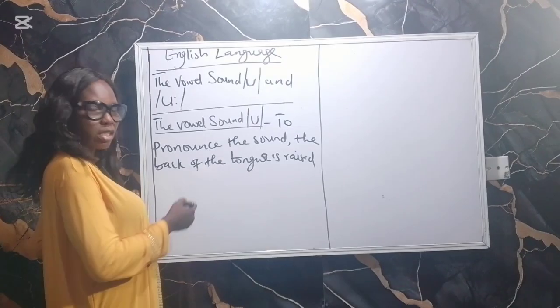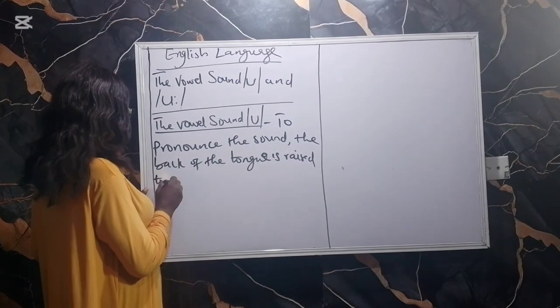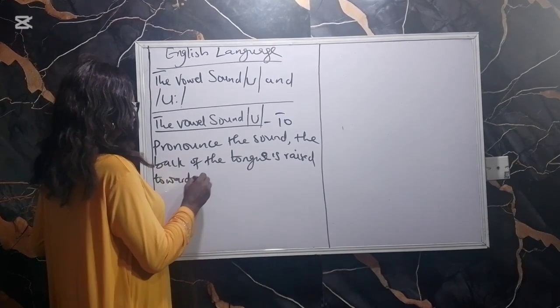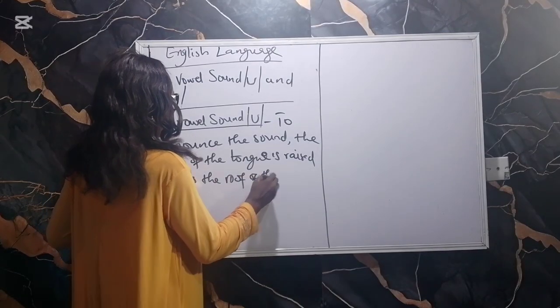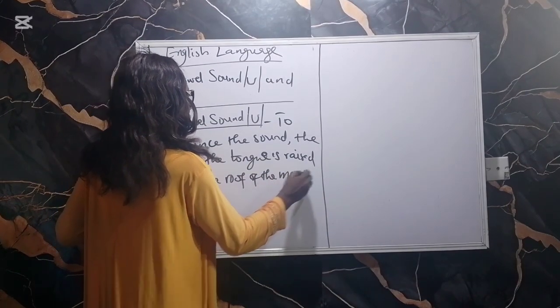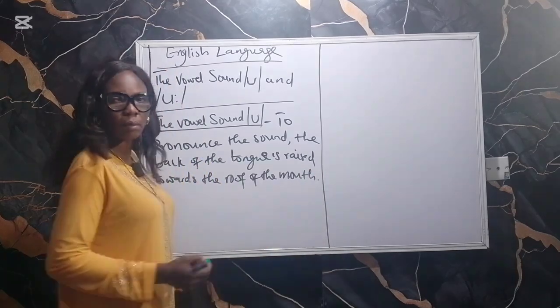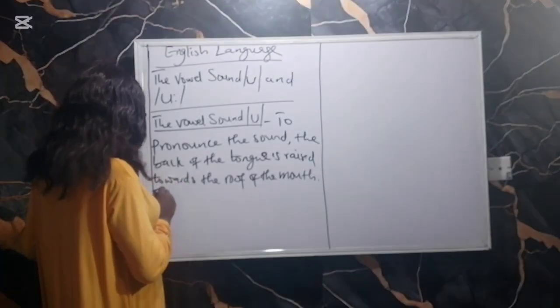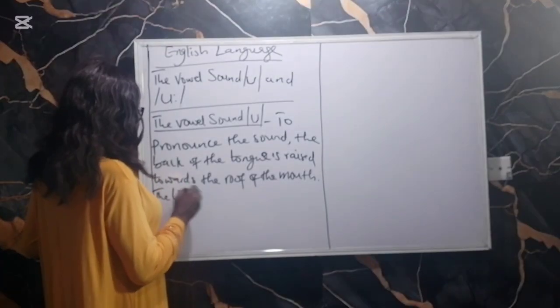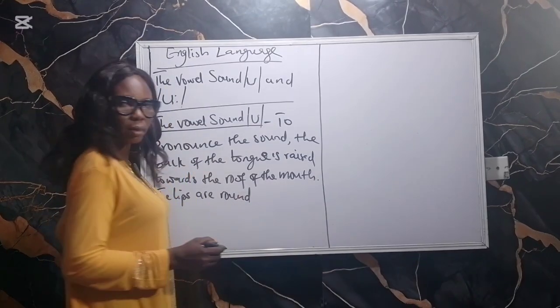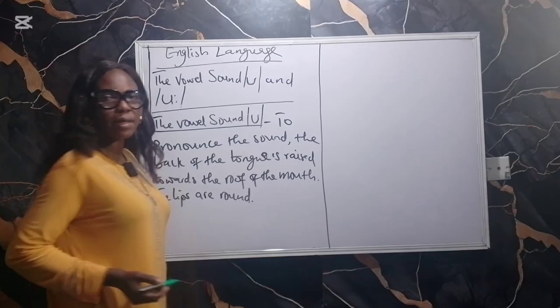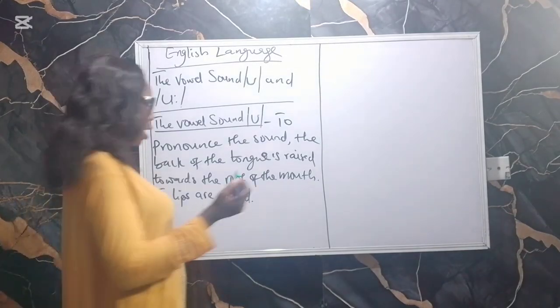The back of the tongue is raised towards the roof of the mouth. The lips are round. Like I said, it is a short vowel sound.